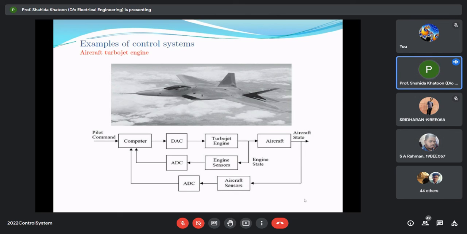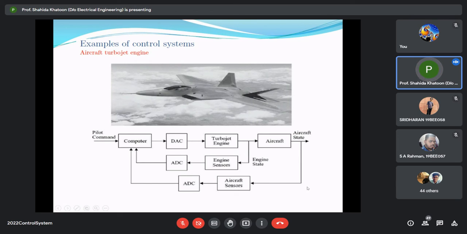Controllers are designed for attitude control of an aircraft. Major portion is control system. So this is the example of an aircraft turbojet engine in which the pilot command is given to a computer. DAC and ADC are used. The output is given to the turbojet engine, which is used to drive the aircraft.